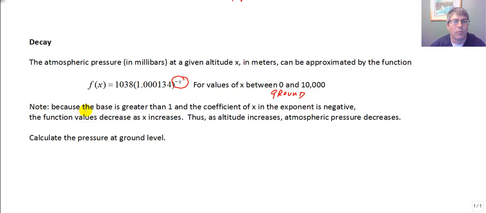So note, because the base is greater than 1 and the coefficient of x in the exponent is negative, the function values decrease as x increases. Thus, as altitude increases, so as x rises, our f of x, our atmospheric pressure, is going to decrease.